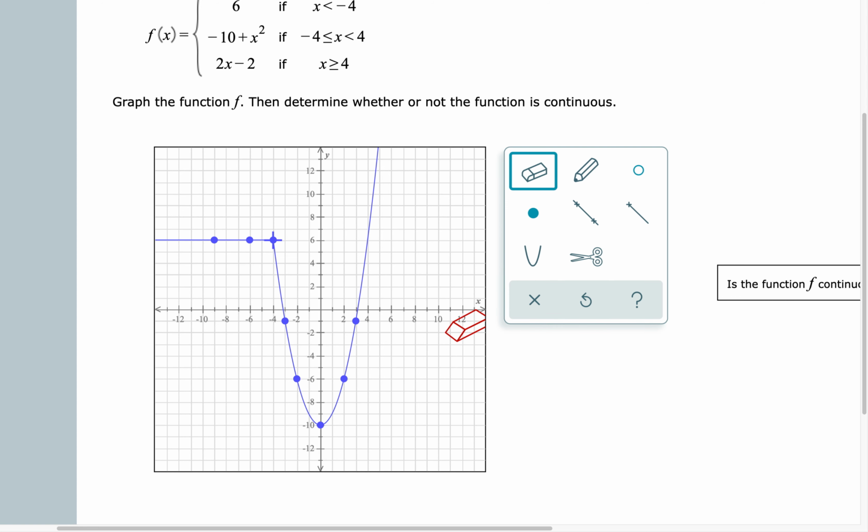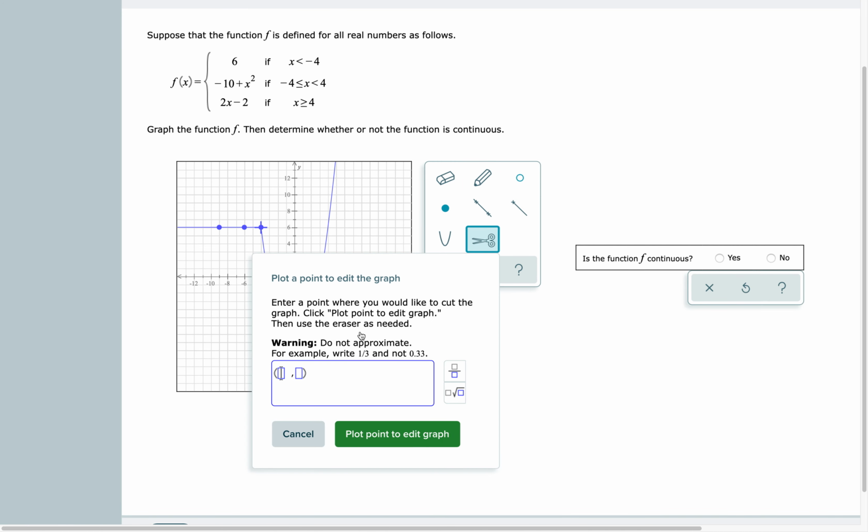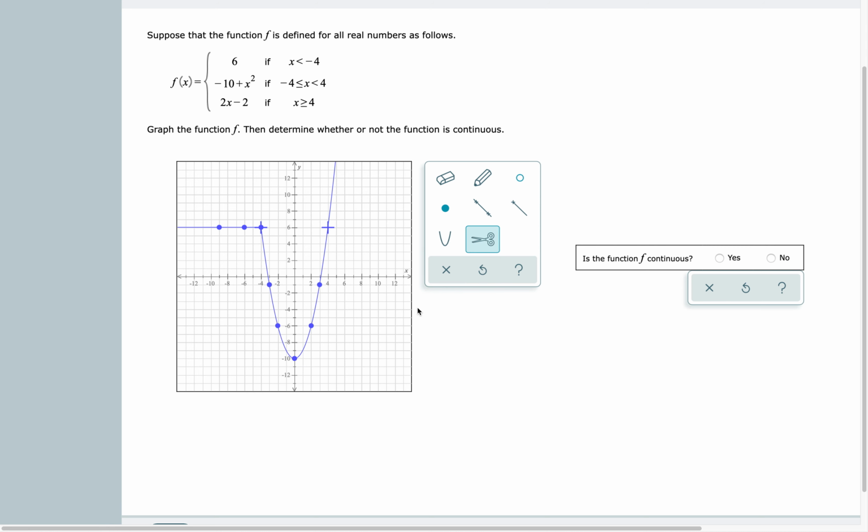Okay, so in this particular case, I'm going to cut once more. So we have at 4, 6. And then applying the eraser. So this will go out.